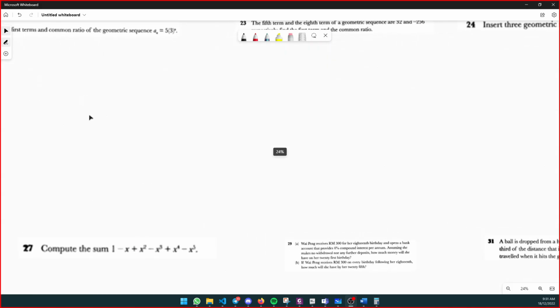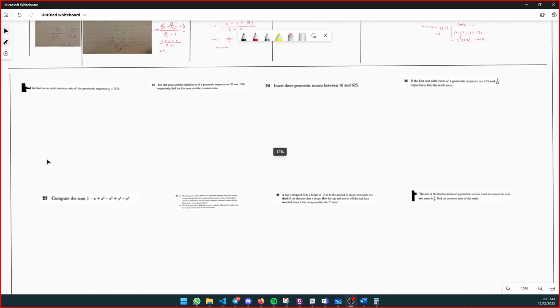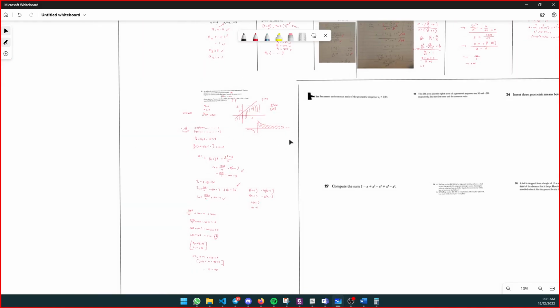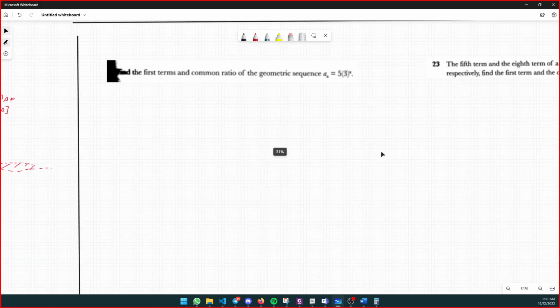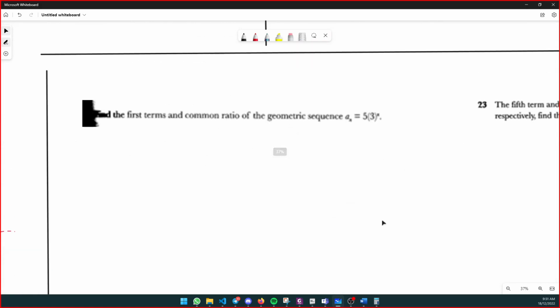Okay, so now we've finished most of arithmetic. Let's start with geometry. Find the first terms and common ratio of the geometric sequence a n equals to 5, 3.